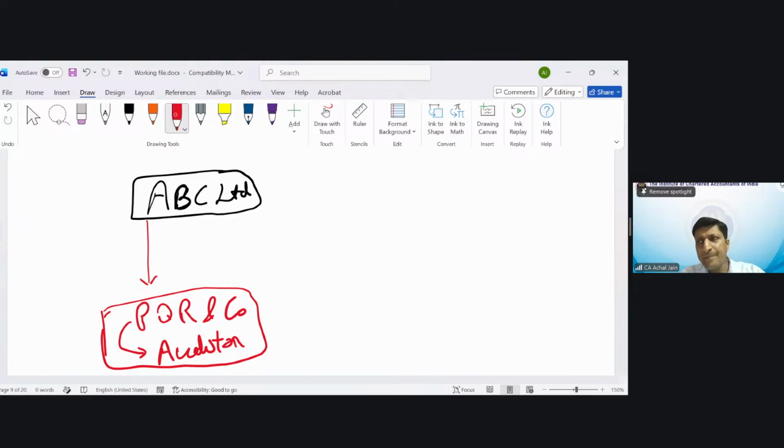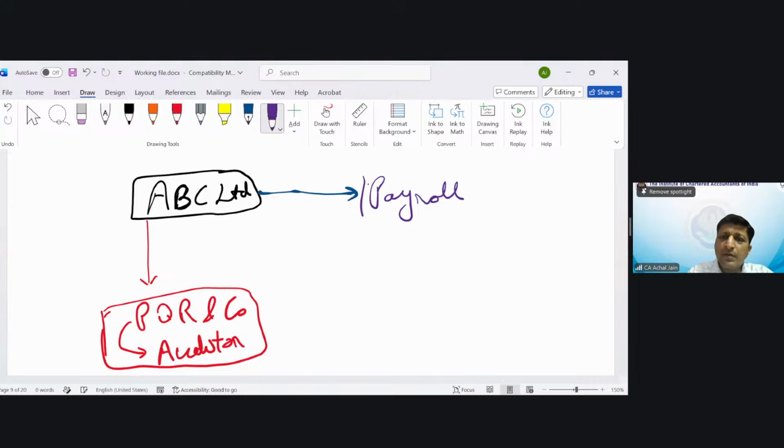Now, say a process of this entity ABC is outsourced. So what this entity has done is, payroll is outsourced by the entity.